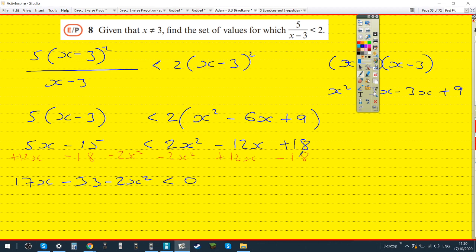So it would be x is less than 3, or 11 over 2 is less than x.